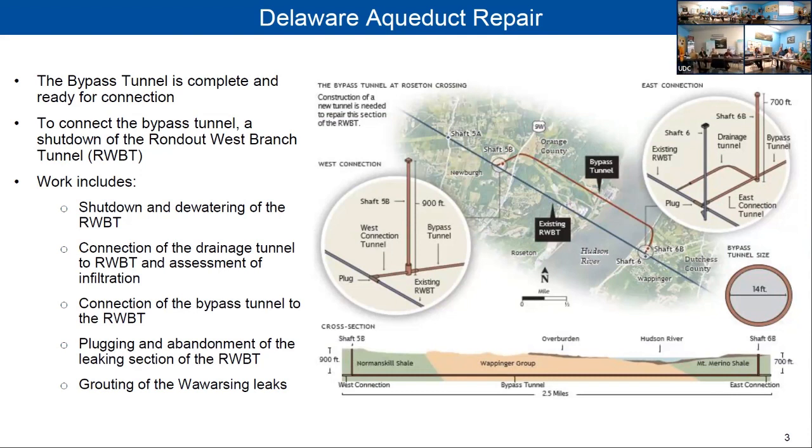Jennifer? Yes. Would you give us a little better information on elevation versus depth? Because you're citing 90 feet below sea level, but the aqueduct is what, 900 feet below the surface? Yes.